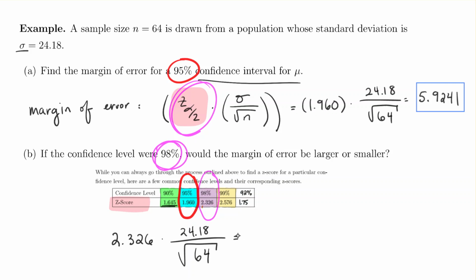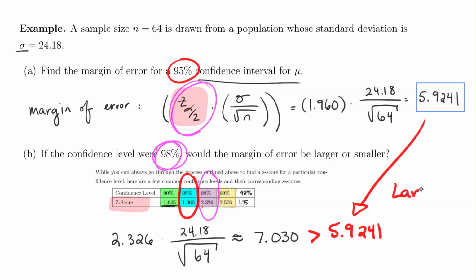Type that into the calculator and you get, when rounded, about 7.030, which is clearly larger than the previously calculated margin of error. So our answer for this case would be, if you increase the confidence level to 98%, you would need a larger margin of error.